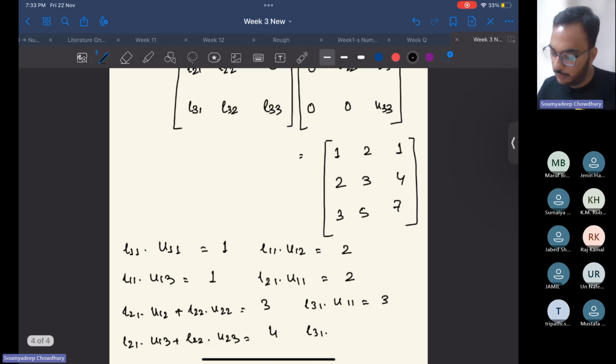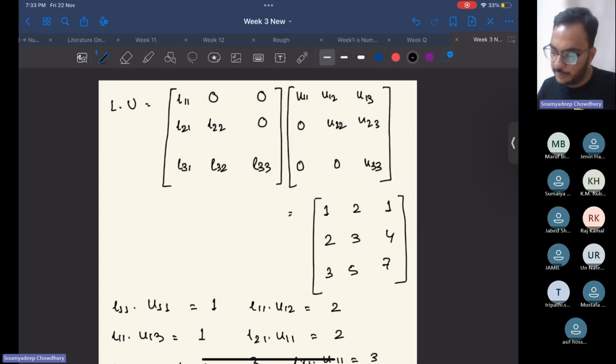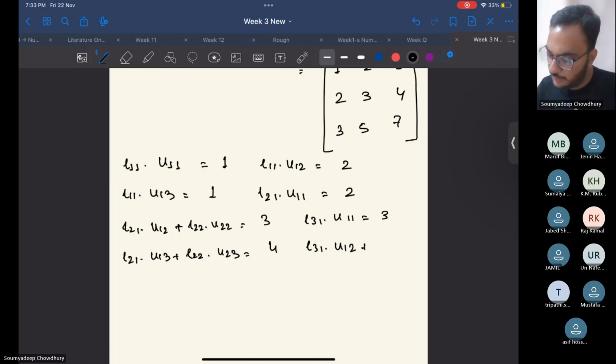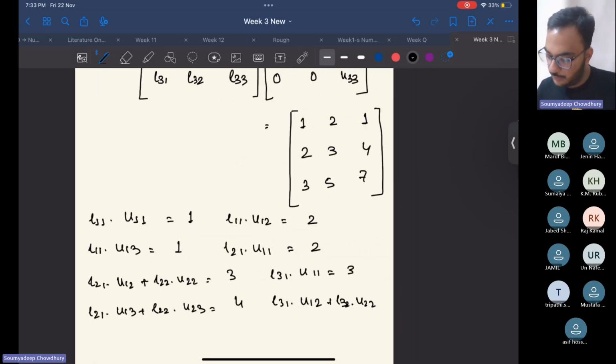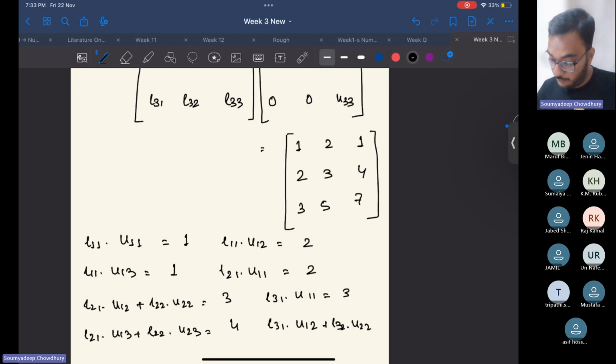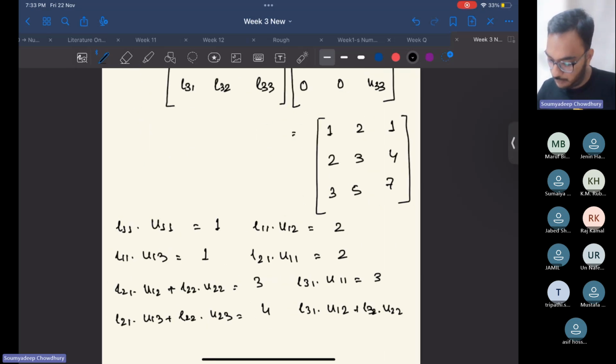L31 into U12 plus L32 into U22. So that is equal to, again, 1 second. 1, 2, 1, 2, 3.